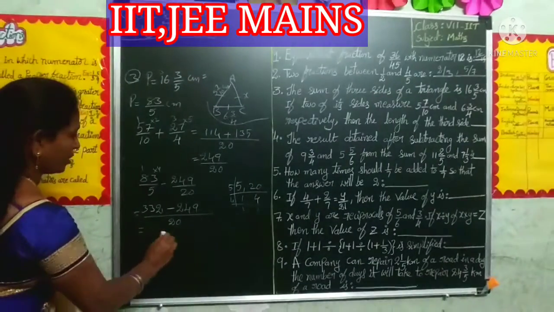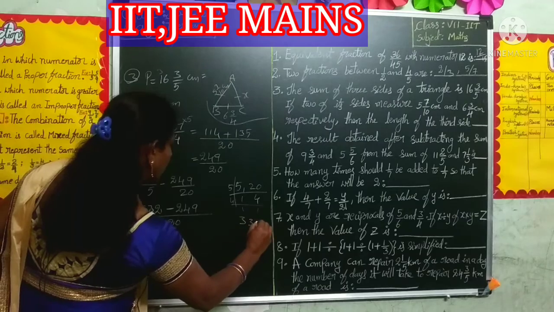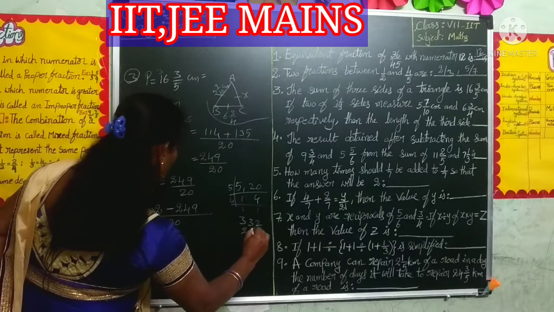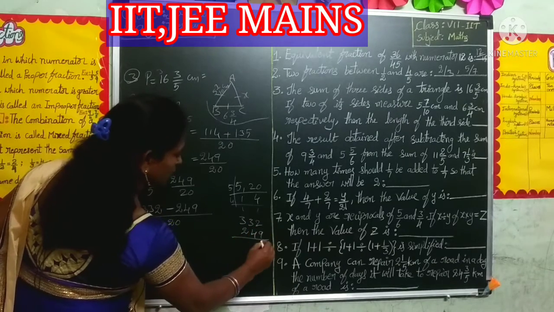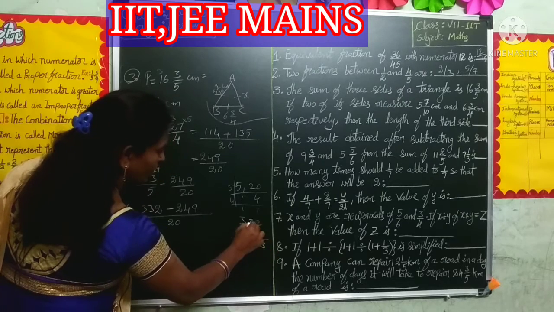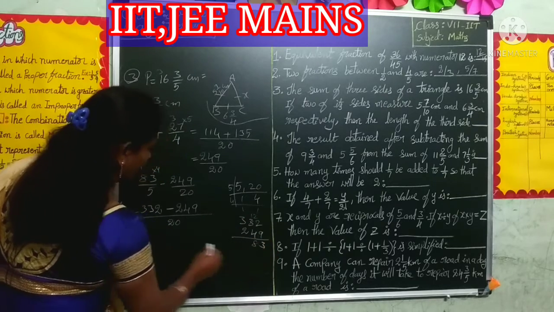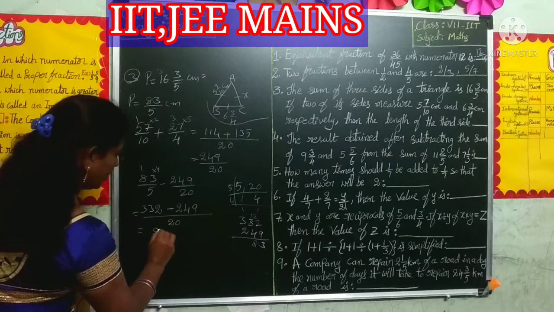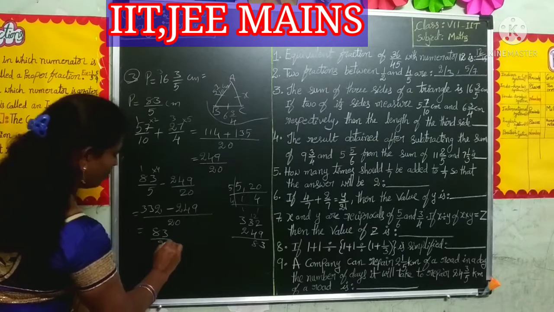Now subtract 332 minus 249, which is 83 by 20.